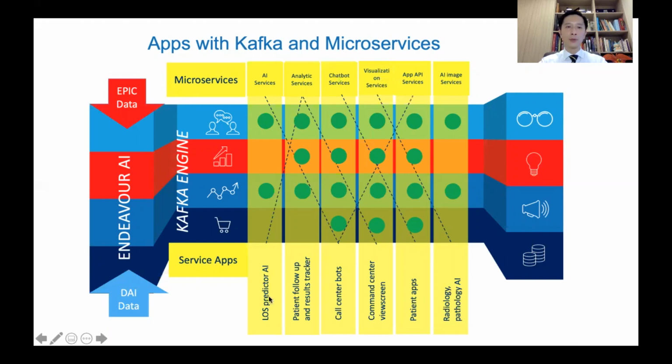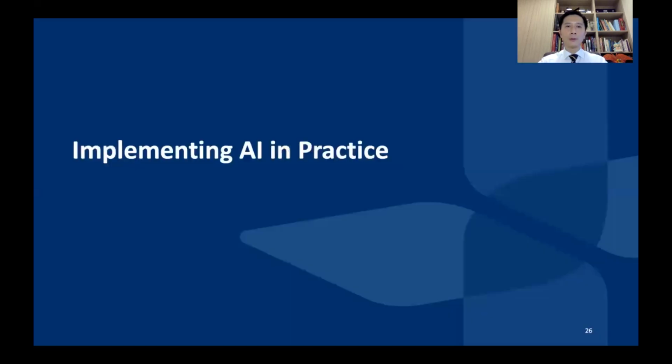We can then build service applications that leverage the different microservices. For example, we have a length of stay predictor AI that leverages analytic services that feed off the data stream. So this microservices architecture with Kafka messaging gives us the scalability, the flexibility, as well as the speed of live predictions.